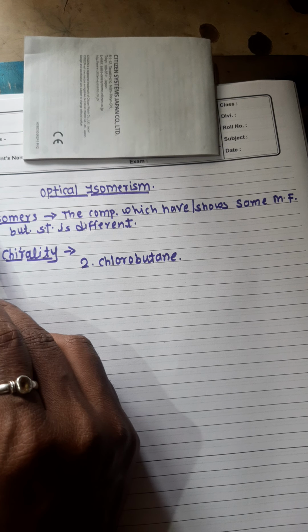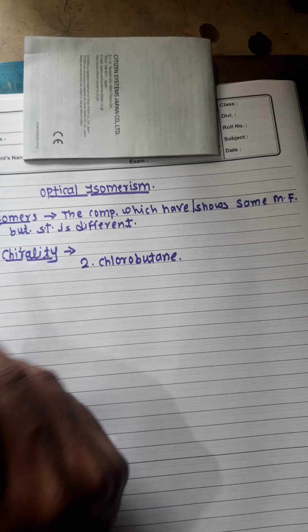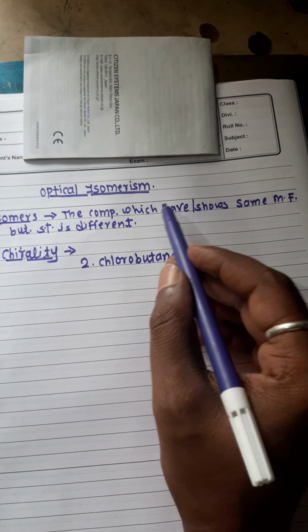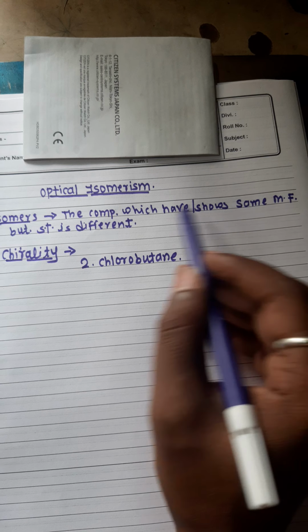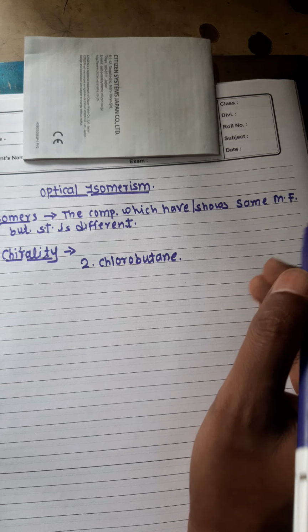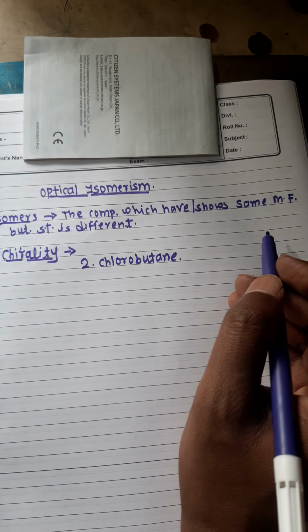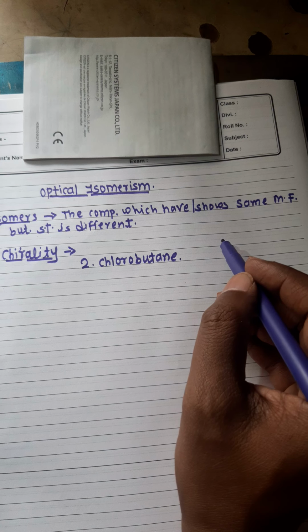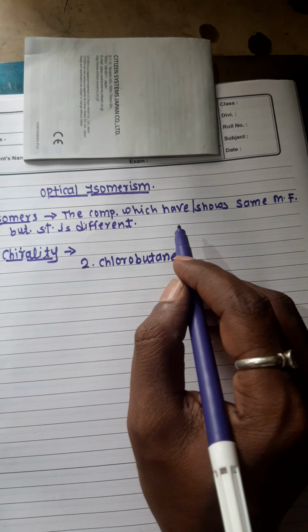First, let us understand what isomers are. Isomers mean compounds which have the same molecular formula but different structures. The two compounds show different physical and chemical properties, but they are isomers of each other as they have the same molecular formula.